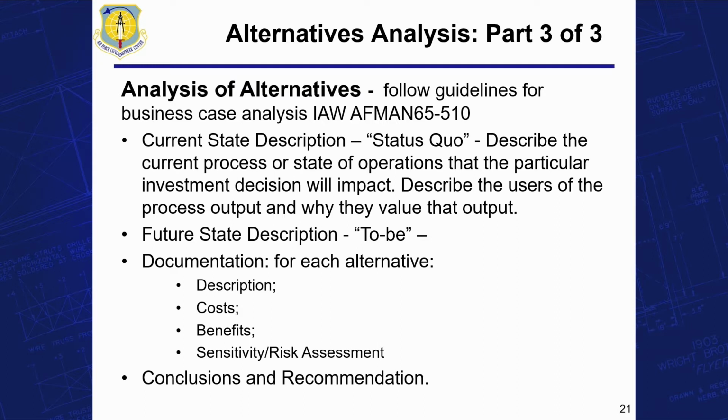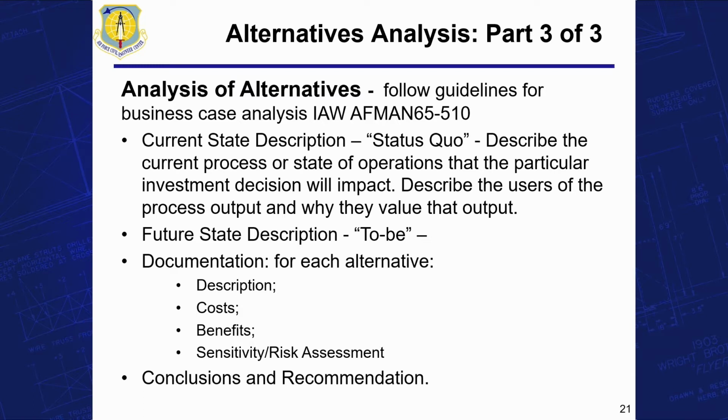The basic format of the analysis of alternatives is based on the preliminary economic analysis format found in AFMAN 65-506, attachment 14, which is intended as a concise tool for making a recommendation to a decision maker without going through the effort of a full EA.